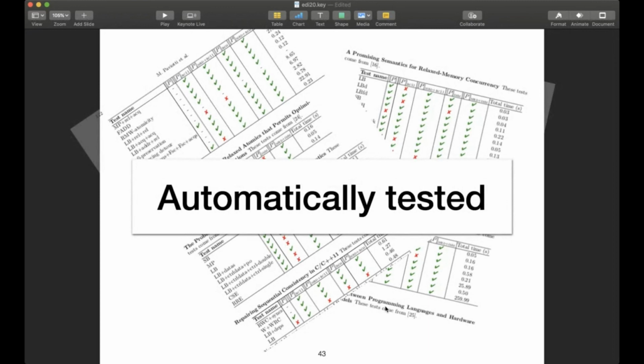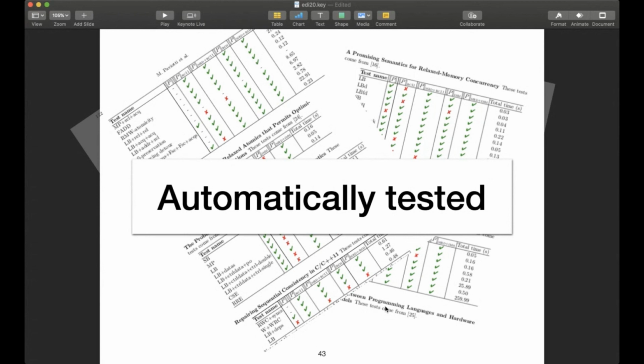So our model has an evaluator, an automatic evaluator. I think the reason that this is unusual is that I don't think any of the other relaxed memory models that solve the thin air problem have an automatic evaluator. We believe we've kept the explosion in impossible outcomes to a minimum here.